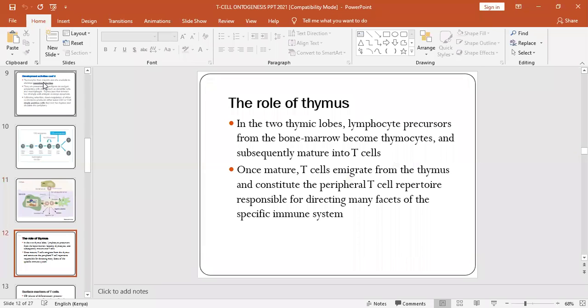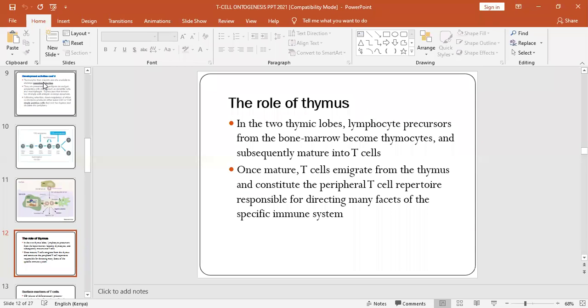Now, what is the role of the thymus? I've said initially that the thymus has two lobes, which is very critical for the development of the T cells. We have the lymphocyte precursors from the bone marrow, which we call prothymocytes. These are subsequently transported to the thymus via the blood to mature into T cells.